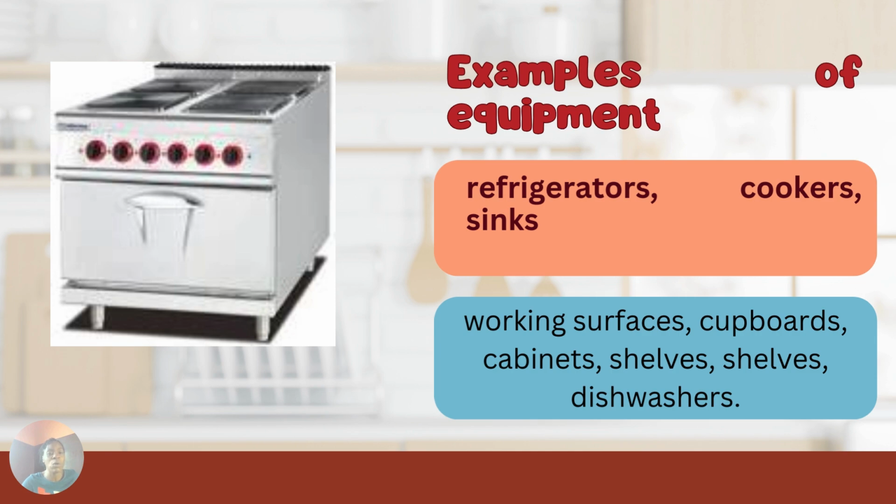They are all fixed or large kitchen equipment, or better still, you can just call them equipment. They are not usually moved about in the kitchen. You cannot remove your sink or refrigerator on a daily basis, except if the cooker or the refrigerator needs repair. Otherwise, the cupboards, cabinets, shelves and dishwashers remain fixed in the kitchen.